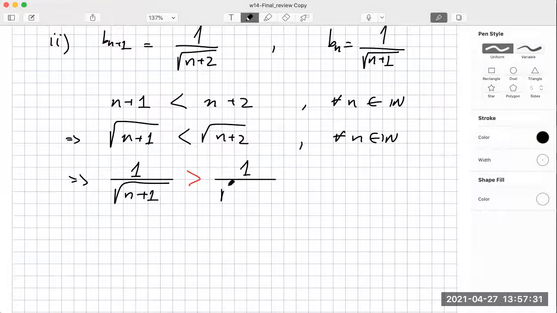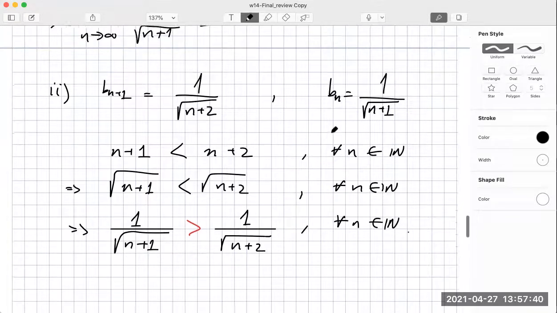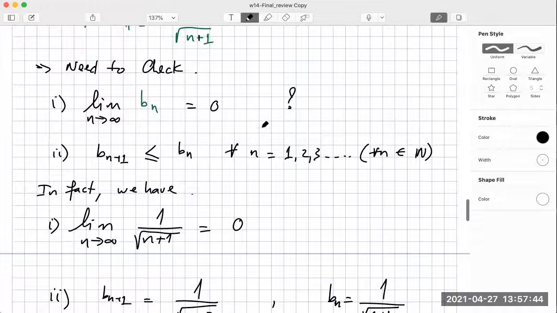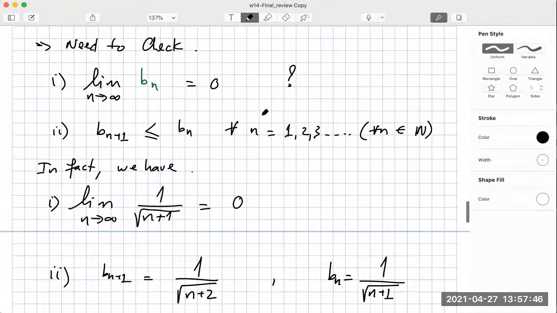This is a basic rule of inequality, right? So we see that when we've done this, the two conditions of the alternating series test are satisfied.